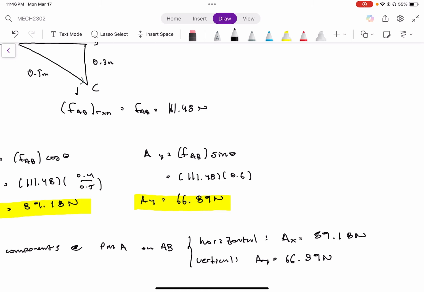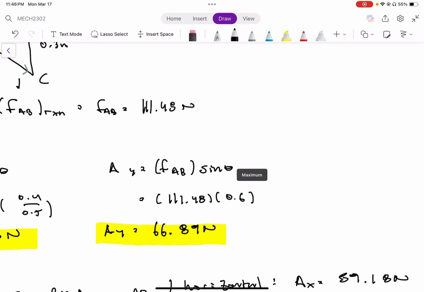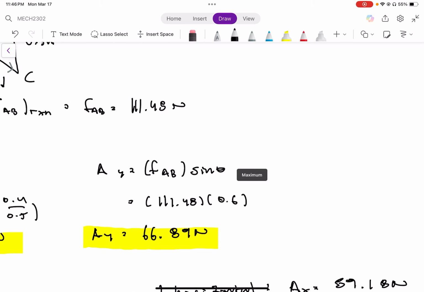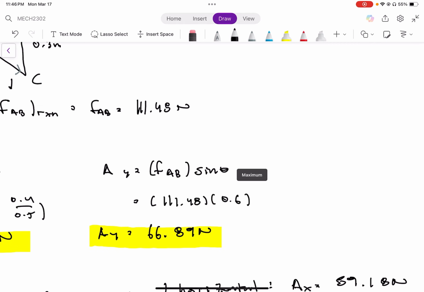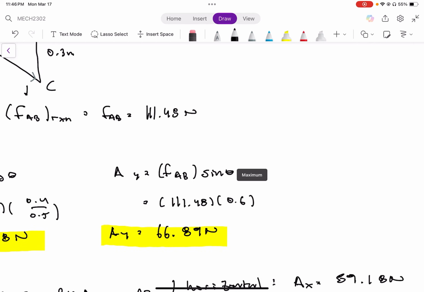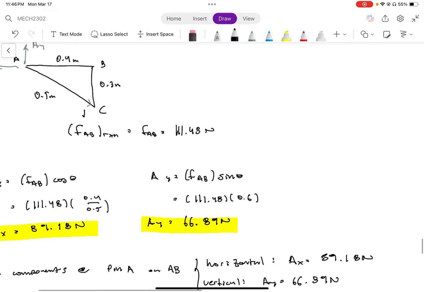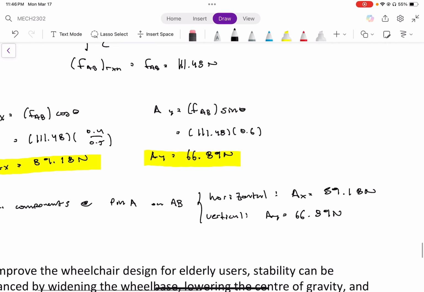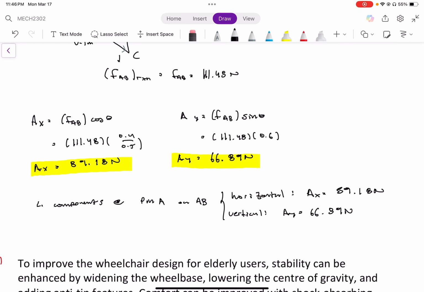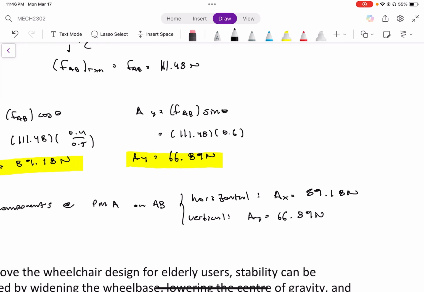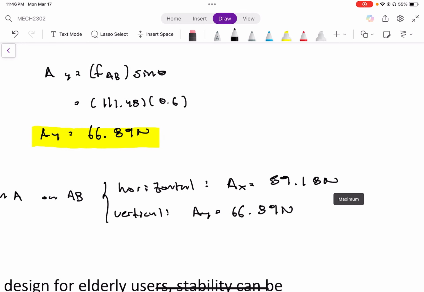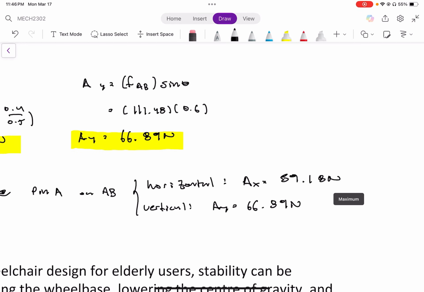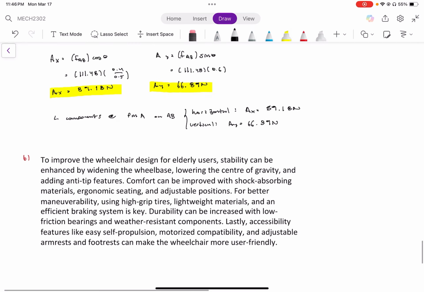Same thing for AY: plug in all the known values. Sine is just a ratio, which is 0.6, and we get that AY equals 66.89 newtons. Therefore, the components of pin A on AB are: the horizontal component is 89.18 newtons and the vertical component is 66.89 newtons, respectively.